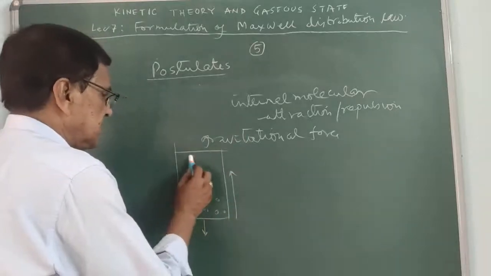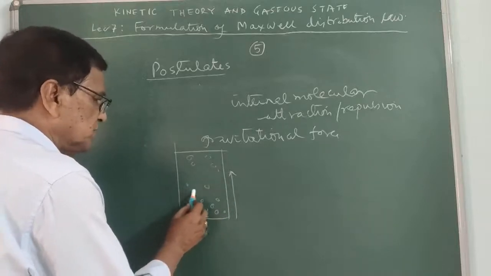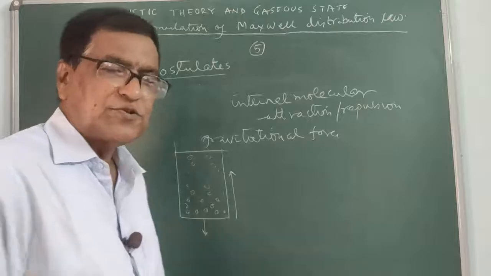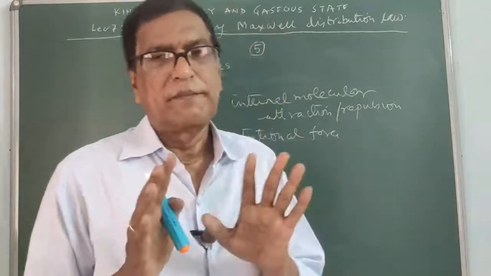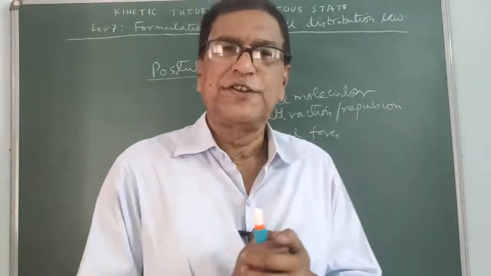So in this case number density is less, and in this case the number density of the molecules is high. So in this case also, uniform distribution is not present.